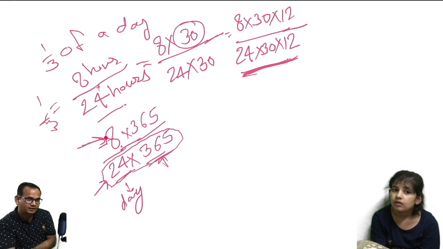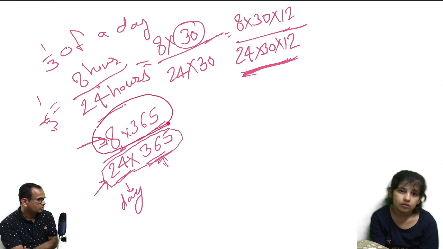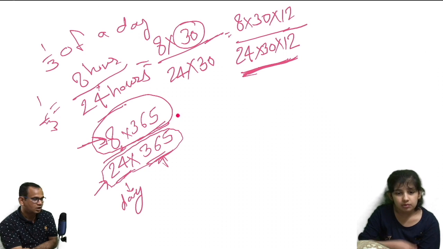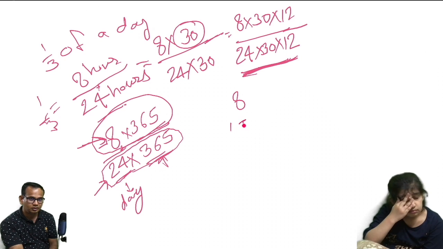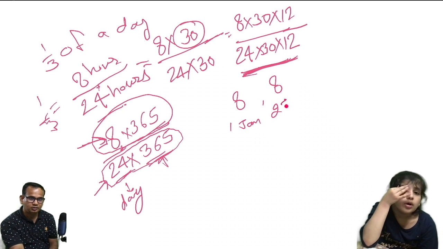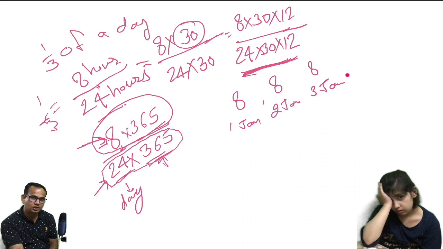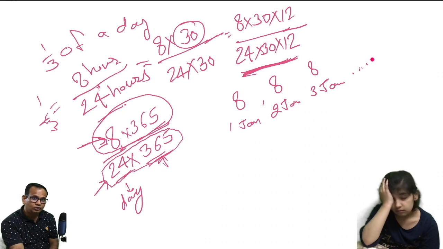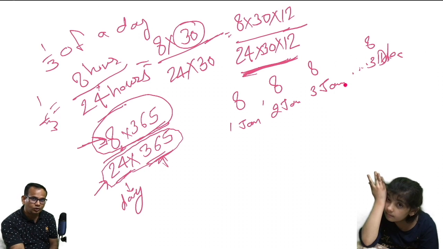So this upper one is what we slept. For example, 8 hours I slept on 1st January, then 2nd January also 8 hours, and 3rd January also 8 hours. Like that, 31st December also I slept 8 hours, and so on.